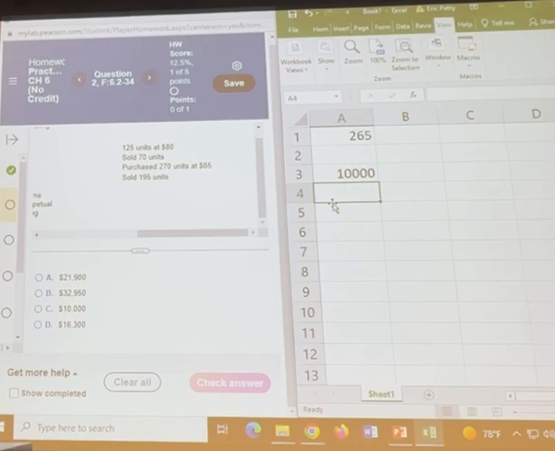So 265 units in total they sold, but we already accounted for 125 of them. So now we're going to account for the difference at $85.